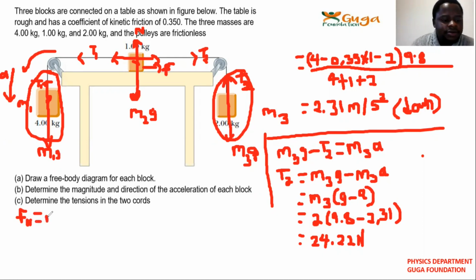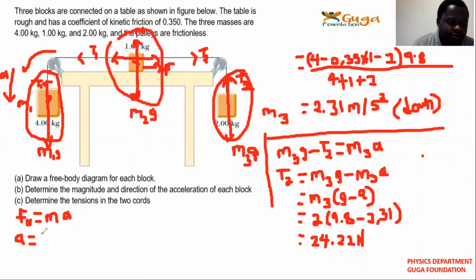F net is equal to MA. This is not part of the solution, it's just a proof. So now your acceleration is equals to, maybe we can try to zoom into the middle block here. So when you zoom into the middle block, your A is equals to, so here it will be M2 if we're zooming into the middle block.